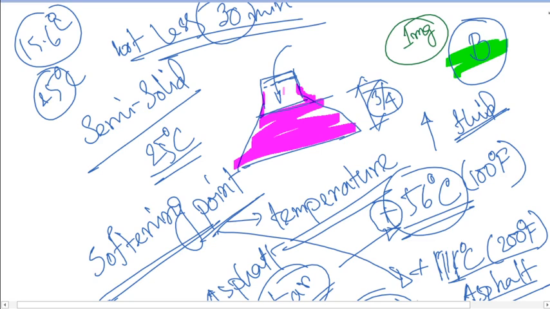You need to pour this very cautiously, so that it is filled only up to this level, not beyond that. If it is beyond that, there will be a possibility of entrapped air within the pycnometer, and the result you obtain will not be reliable according to the specific standard. So please be aware of this while pouring this bituminous material.